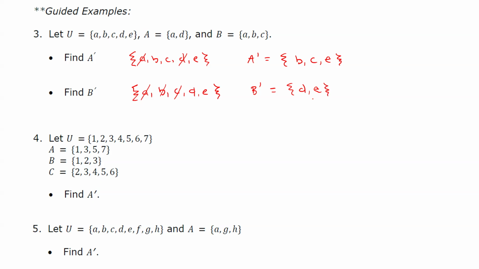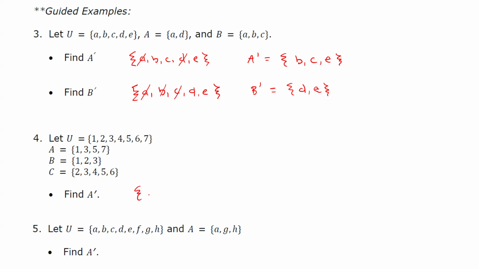Okay, let's do another one. We have our universal set, 1, 2, 3, 4, 5, 6, 7. Set A, 1, 3, 5, 7. B, 1, 2, 3. C, 2, 3, 4, 5, and 6. So the complement of set A is what we're looking for.